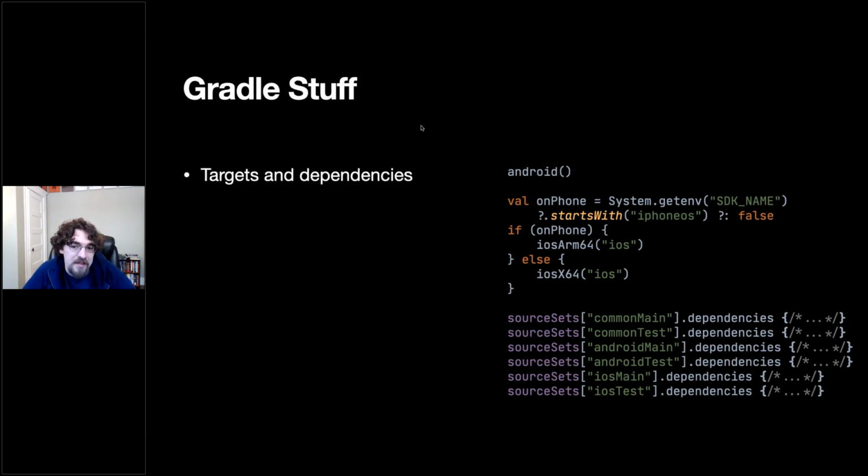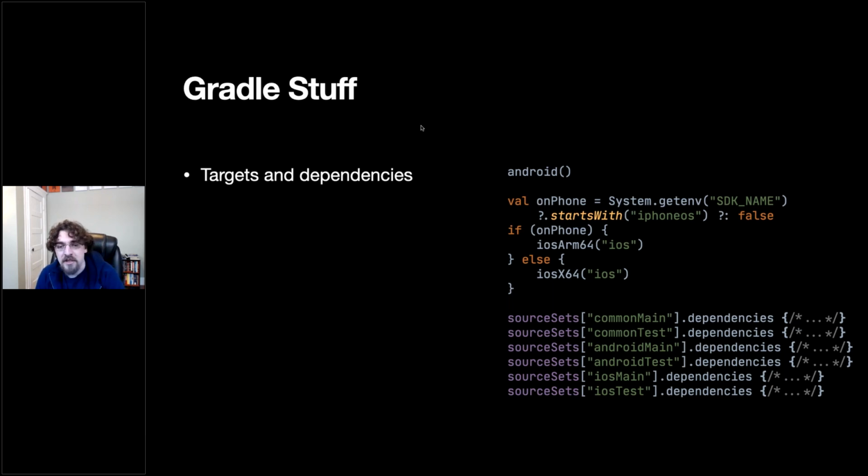So the big thing is that the way you set up your dependencies changes because you have to specify all your different targets. You have a Kotlin block now within which you call these different target functions, like this Android function or the iOS ARM64, iOS x64, and that tells the build system these are the platforms that my code is going to build to, and then that will generate main and test source sets for each of those targets, which you could then separately configure dependencies for.